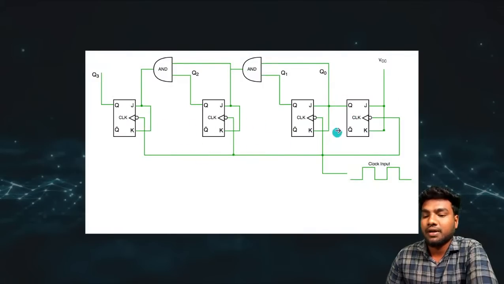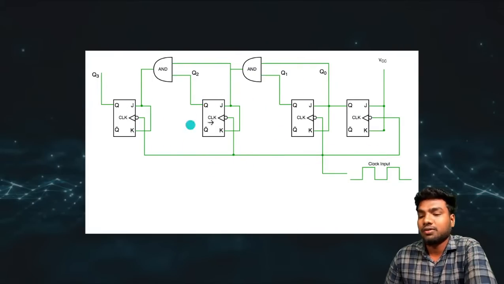Because they operate in parallel, there is no delay for clock assigning. It won't wait for the previous flip-flop to complete. So this is a fast, high-speed counter, the synchronous counter. This is the difference between them.